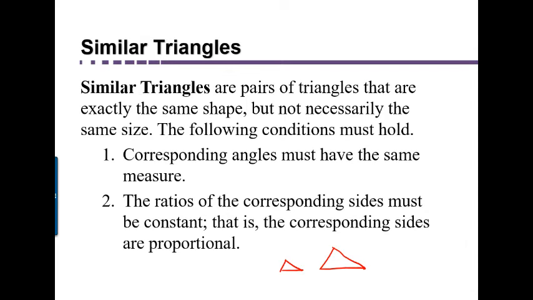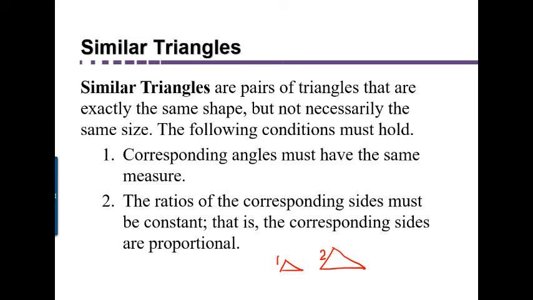Now, when that happens, although the lengths of the sides are not the same, they'll be proportionate. For example, if this little triangle that I drew, if that side is length 1 and this triangle, this side is length 2, then this triangle on the right has all sides that are double the length of the first triangle.